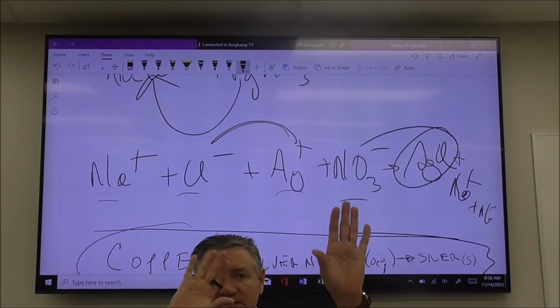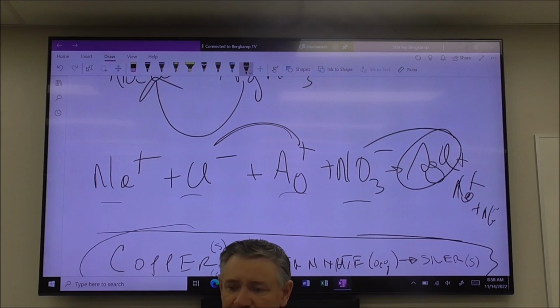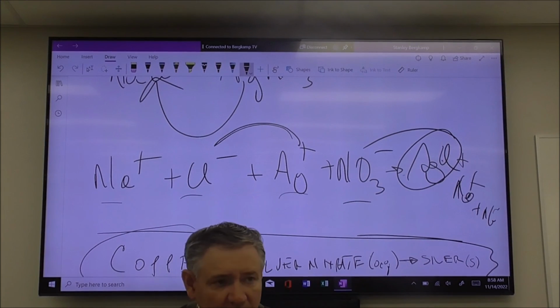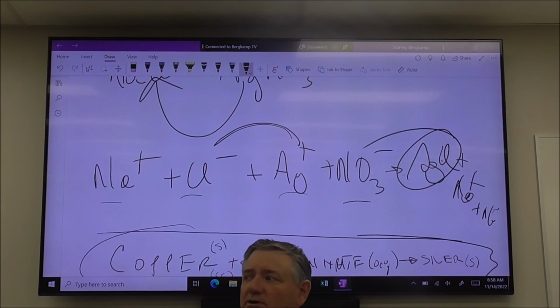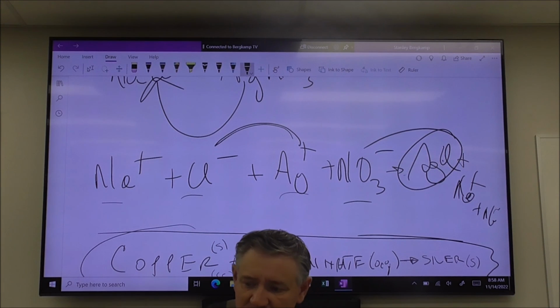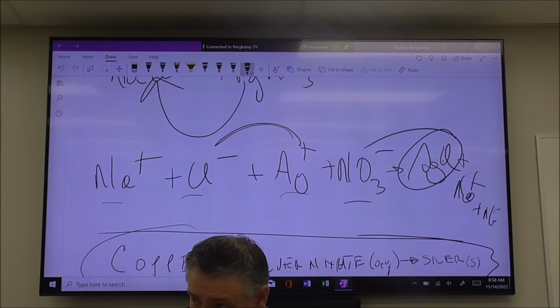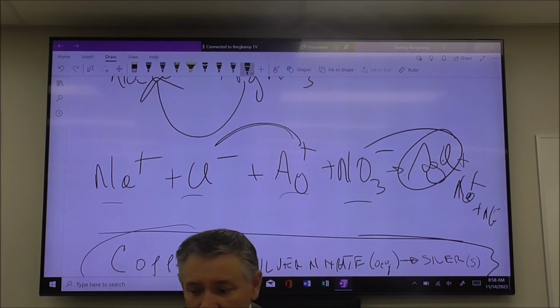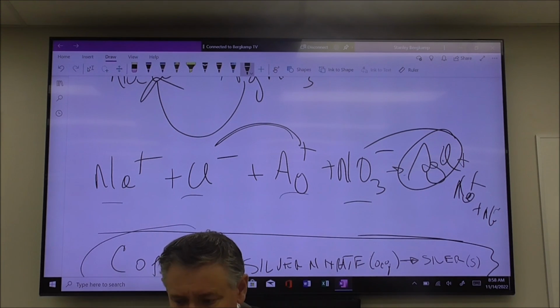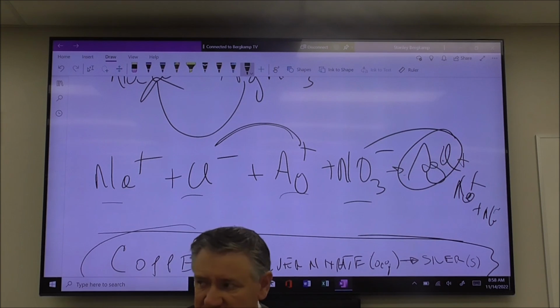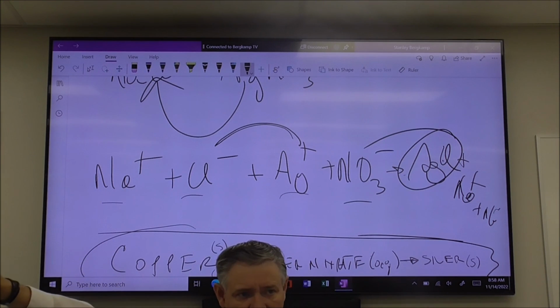So everything is existing as ions. The silver comes along and it goes, yo, chloride, let's hook up. So that's that chunky white precipitate that you saw, was that formation of the silver chloride. The sodium and the nitrates are still existing as separate ions.